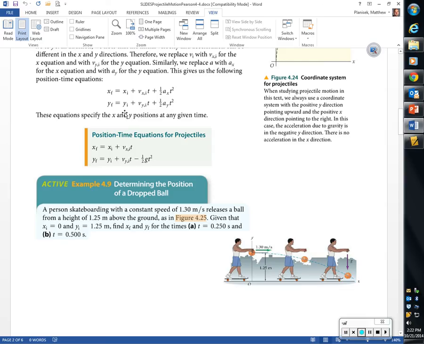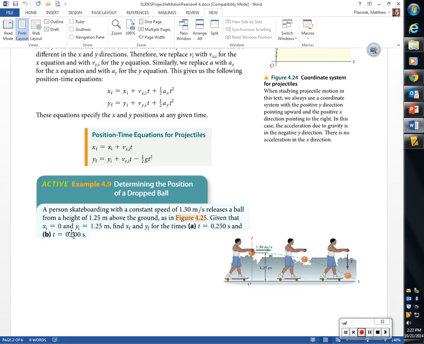We just added x and y subscripts to the different factors in that equation. We changed our positions from x final and x initial to y final and y initial, because we're dealing with the y-axis now instead of the x-axis.